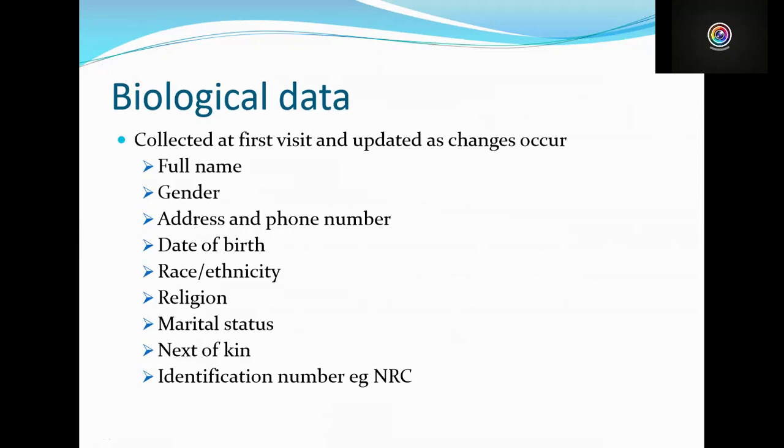It can be a spouse of the patient, or it can be any person that has legal rights or is legally related to that patient, or by the patient's instruction. They may instruct you to put a certain person as the next of kin whom you can contact if you want to communicate any information regarding this patient. So take down the name of the next of kin, as well as the address and the contacts, to make communication easy.